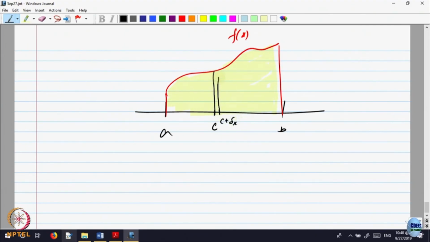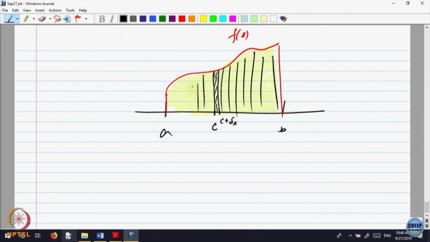So that will give me this. So look at the area of this strip, and try to imagine the whole area being made up of these thin strips. So what is the area of this strip? You can take f of c into delta x and try to sum it up.